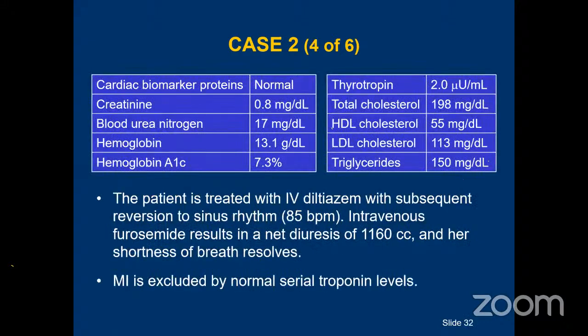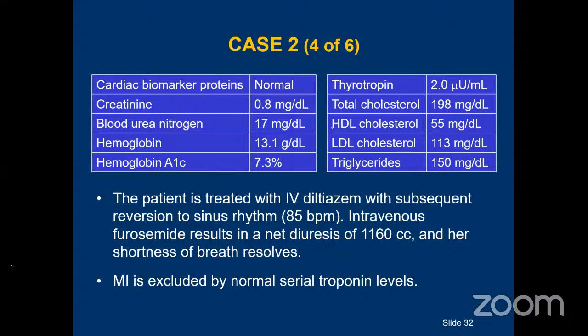Coming to some labs, cardiac markers are normal. Creatinine is 0.8, BUN is 17, hemoglobin is 13.1, hemoglobin A1C is 7.3, thyrotropin is 2, total cholesterol 198, HDL cholesterol 55, LDL cholesterol 113, and triglycerides 150.